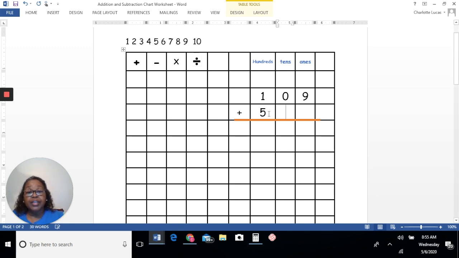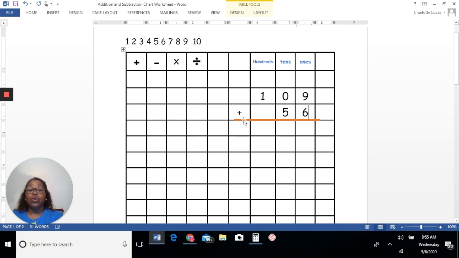That's how come lining your numbers up is very important, because the value has to be in the right place. So 56 would be 5 tens and 6 ones. Excellent. Always line your numbers up right. That's why I use this chart paper. It helps me to keep things in line, and I know that I'll have it correctly. I can transfer it later, but I start with my chart paper.